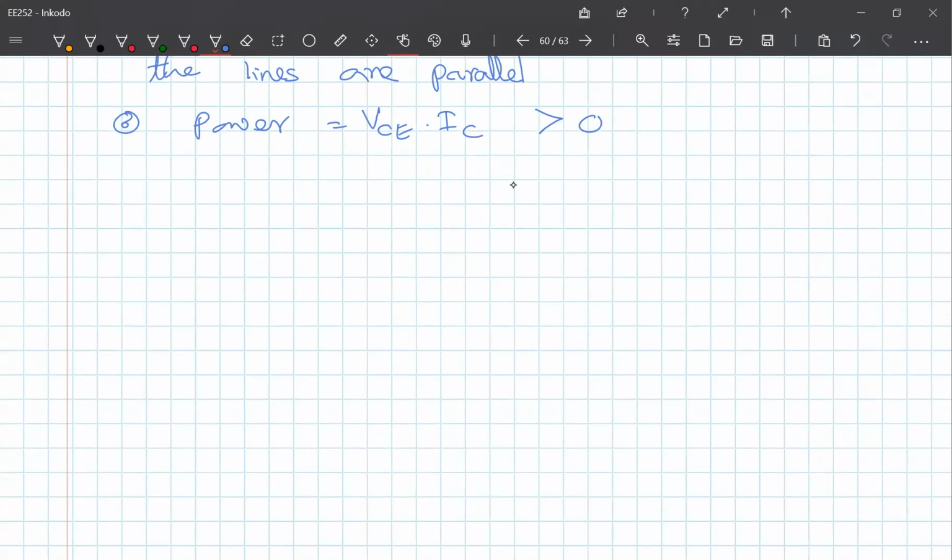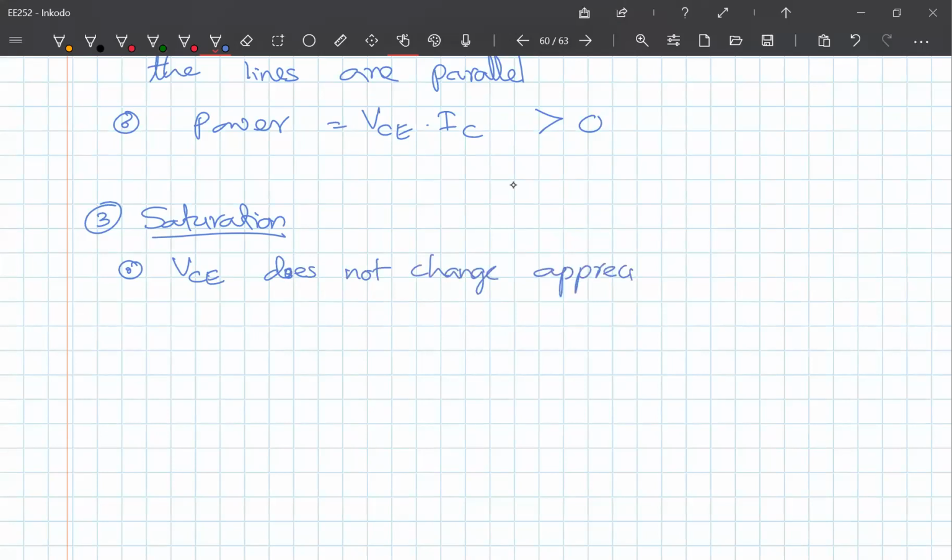Number 3 is saturation, where VCE does not change appreciably with current, appreciably with IC.